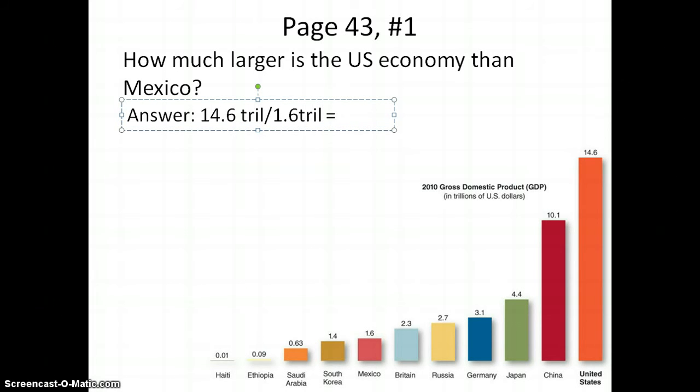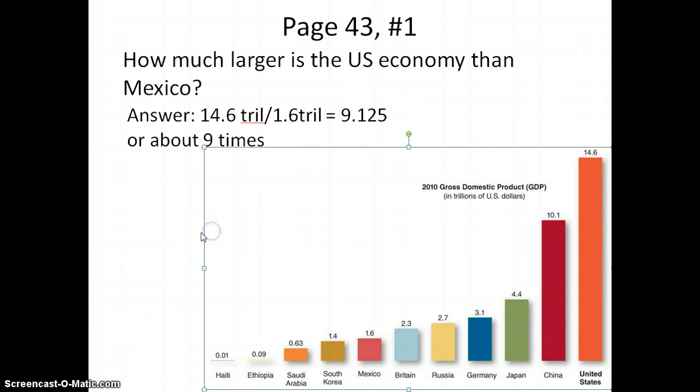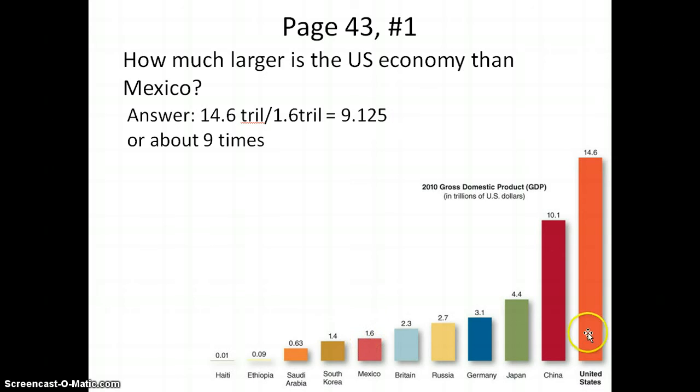So that would be 14.6 divided by 1.6, which comes to 9.125, or about 9 times. If we were to put Mexico's bar in the United States, we could stack up 9 of those, and there'd be a little bit left of the orange at the top, but it's about 9 of them.